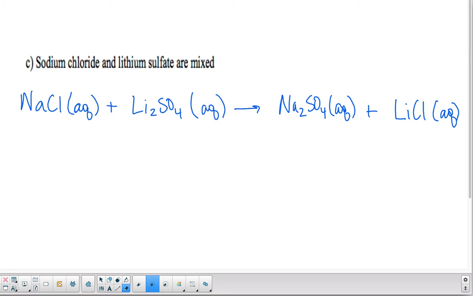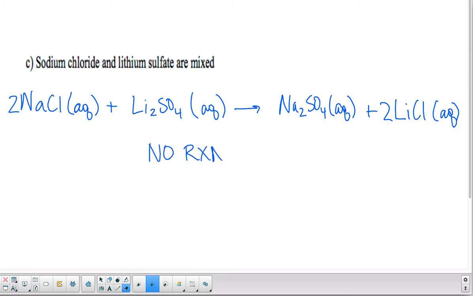All right, so I could go and do this, but is this balanced, by the way? No, we need to balance it. We need a 2 there and a 2 there. So I could go and split this up, but what's going to happen when I split it all up? It all cancels. So what we say, this is no reaction. Nothing happens.